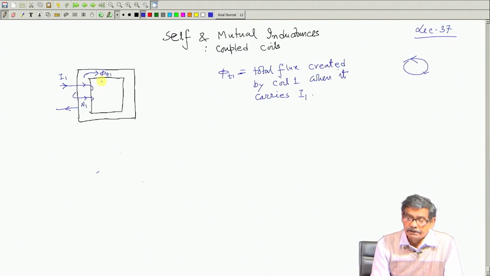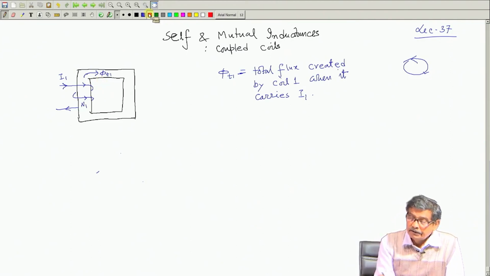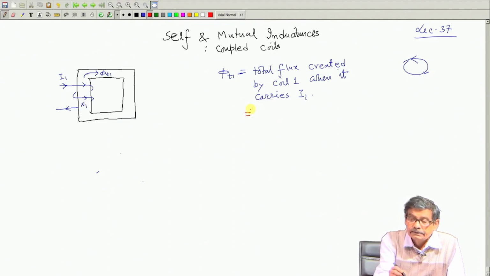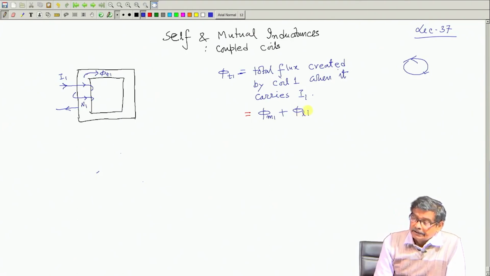We know how to calculate phi T1. This phi T1 will have two parts. Phi T1 can be written as phi m1 plus phi L1.